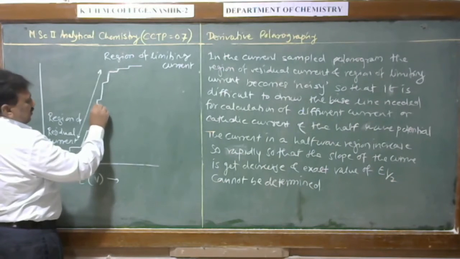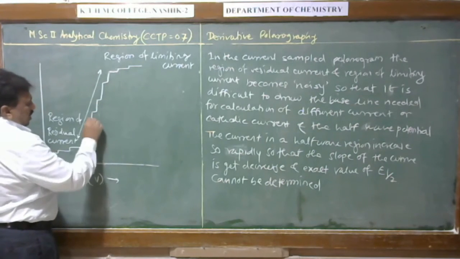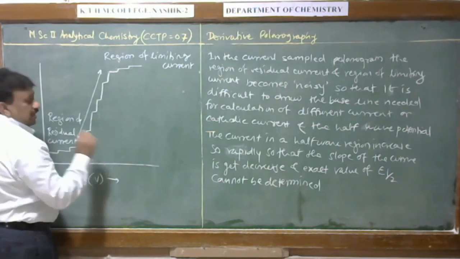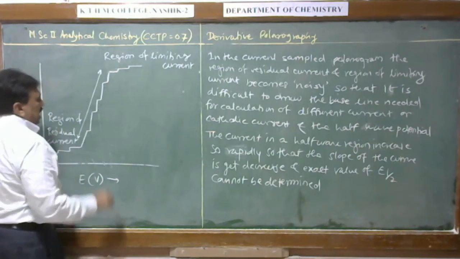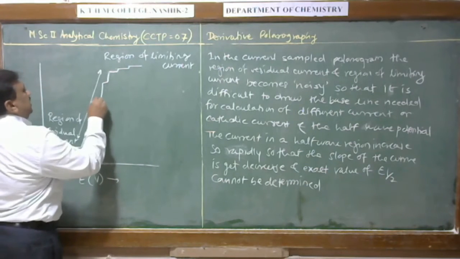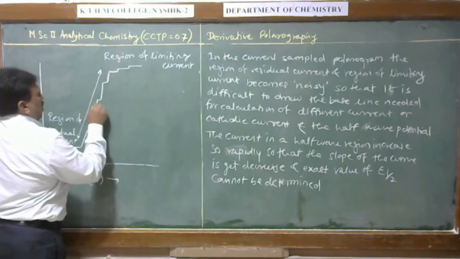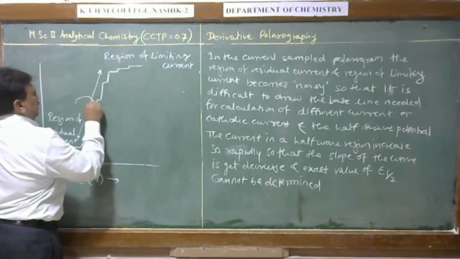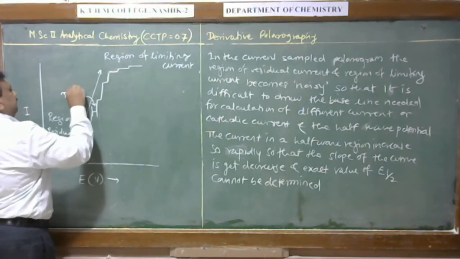We can find the half wave potential from this point or this point or this point. Therefore, even half wave determination becomes a difficult task. Here this is a drop time, from this region to this region.